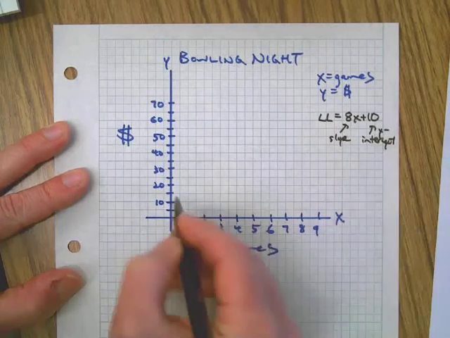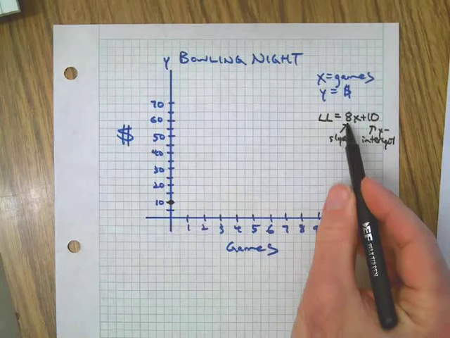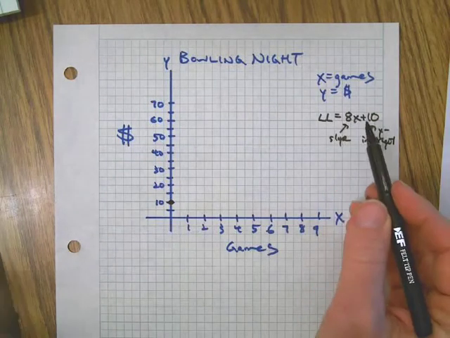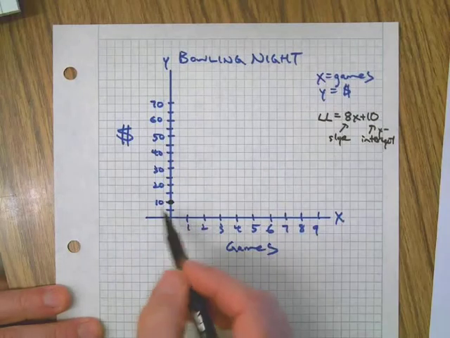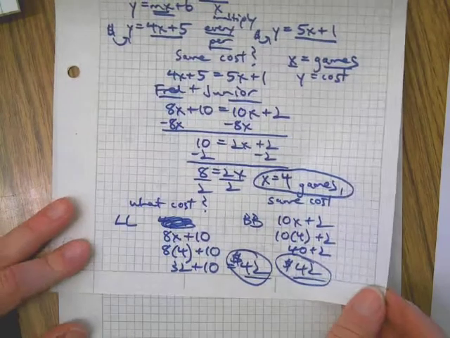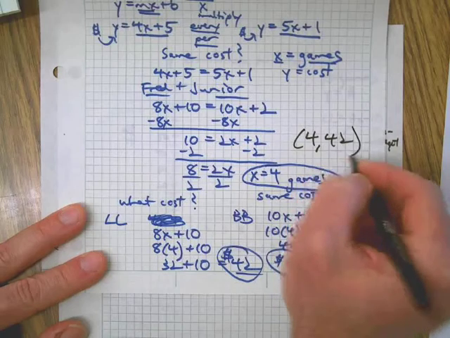So I'm going to go to $10. And the slope means it's going to go up $8 and over one game. Since my graph goes in terms of fives here, I'm going to go straight to the intersection. Remember, the intersection was at 4 games and $42.